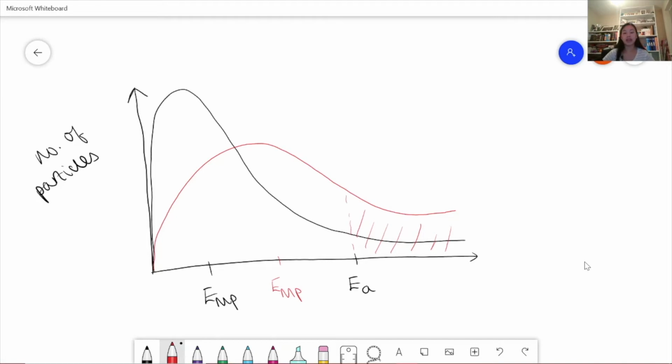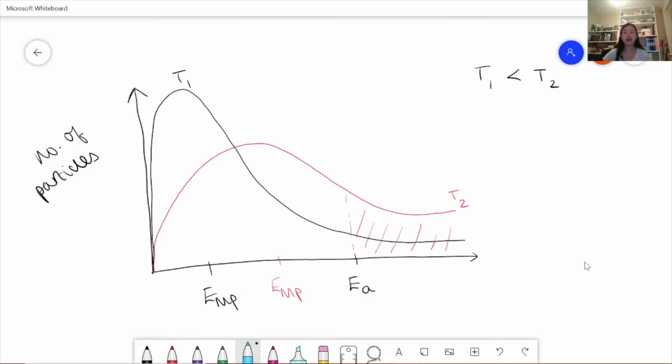And one thing to note is that the areas, well, the distributions are the same because the number of particles hasn't changed. So if we call this T1 and T2, then T1 is smaller than T2. So these are the temperatures.